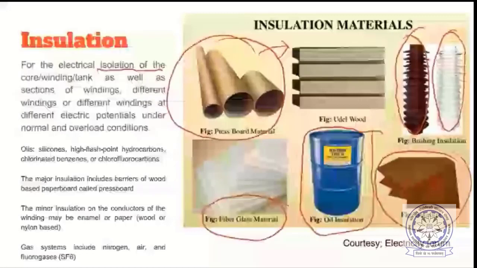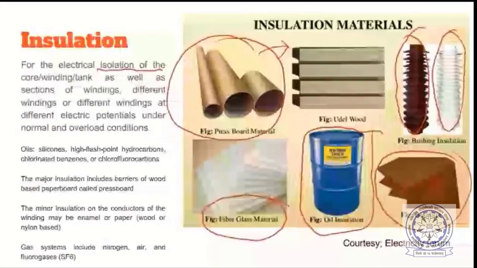These windings should not be in touch electrically. And different windings also, and within the same winding also, the turns will be there. These turns should not touch each other electrically. There is a continuous connection, but they should not touch. One turn should not touch electrically another turn.